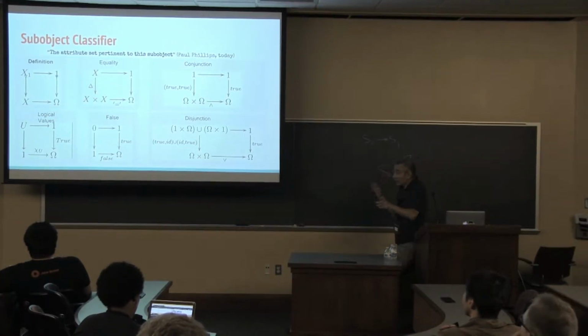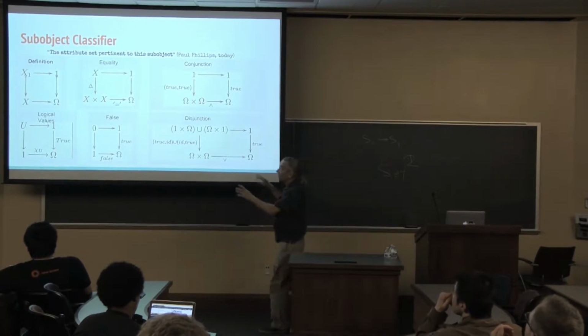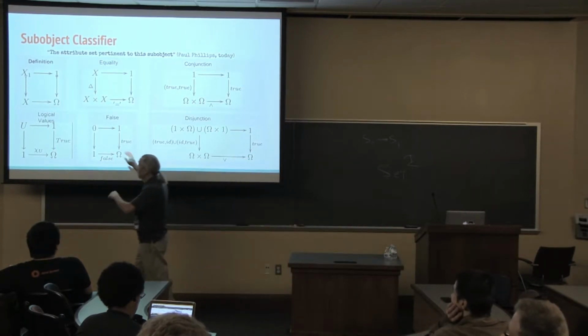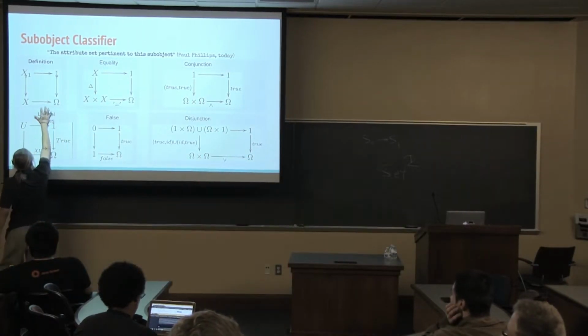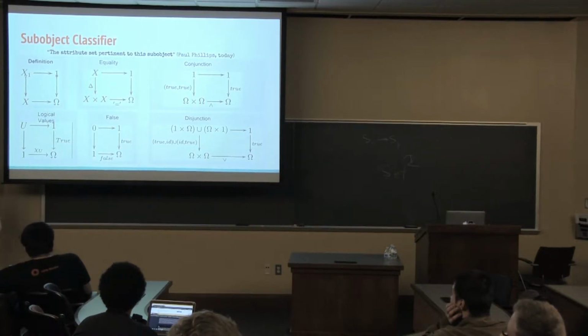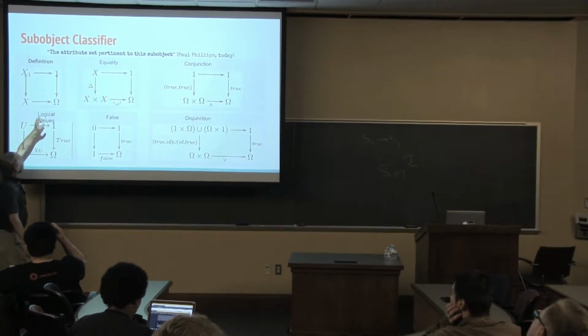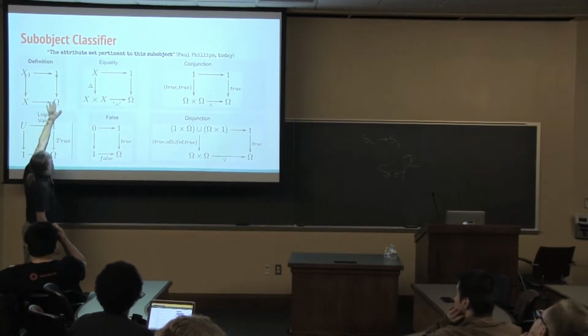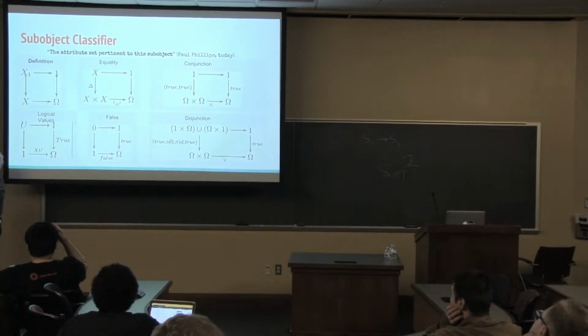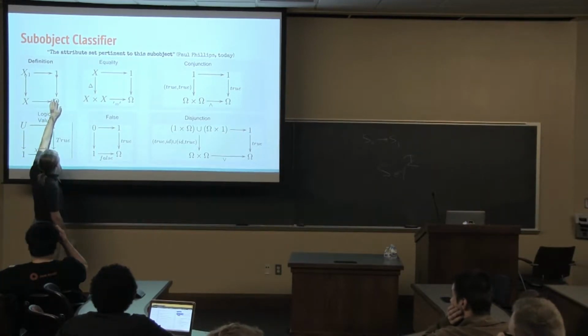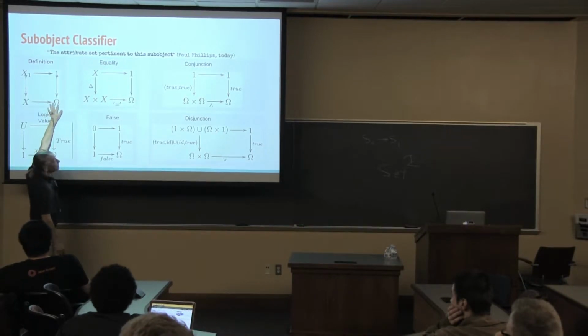So in general settings, this is how the subobject classifier works. This is the definition of the subobject classifier. Suppose we are not in Set, but in some more sophisticated universe with sophisticated logic. A subobject classifier is an object usually denoted as omega, with a monomorphism, an inclusion of a terminal object into it.